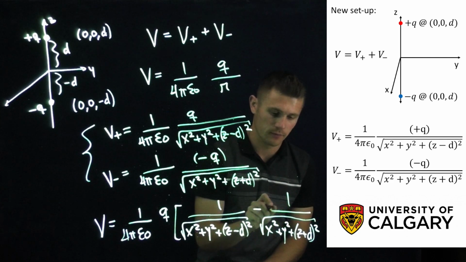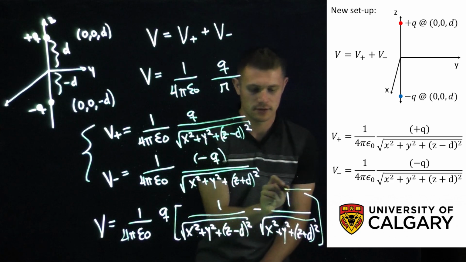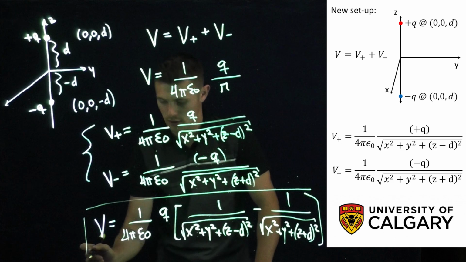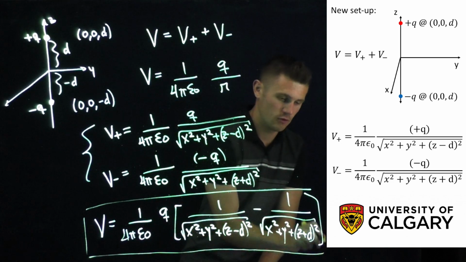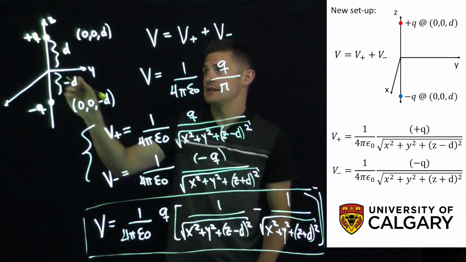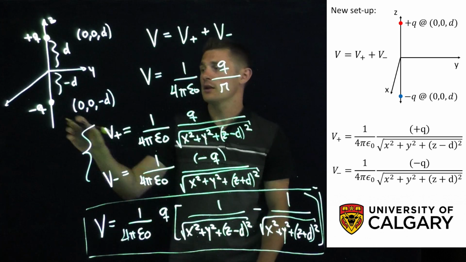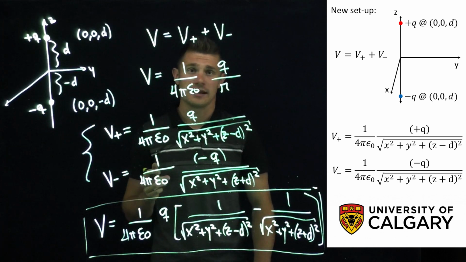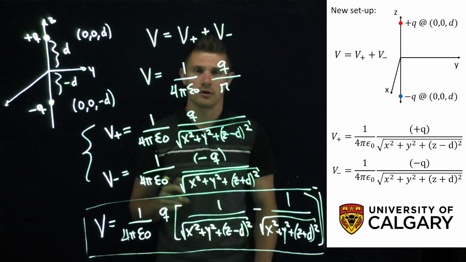And so this is the potential of this charge distribution, where we have a positive charge, a distance d above the xy plane, and a negative charge, a distance negative d, just below the xy plane.